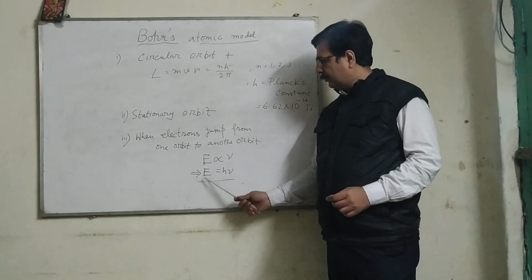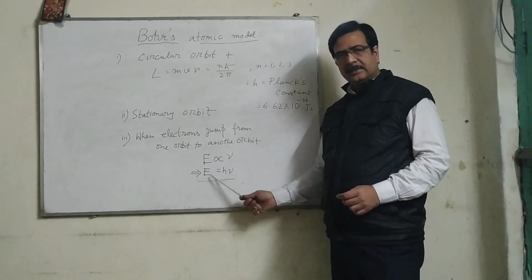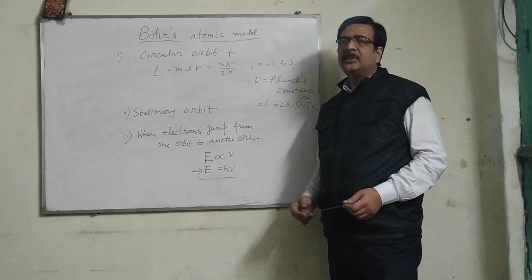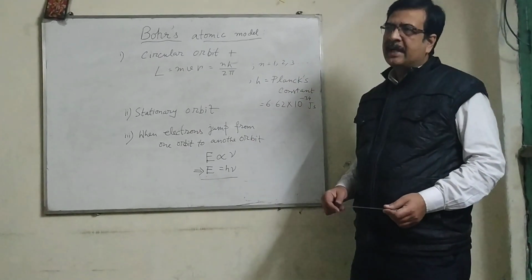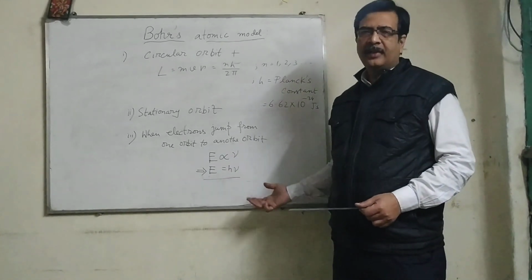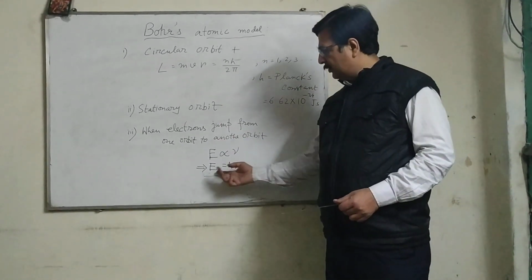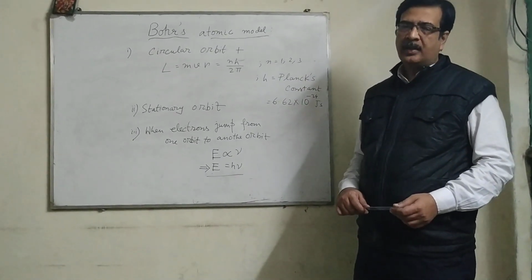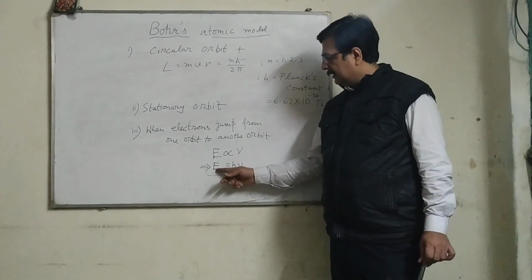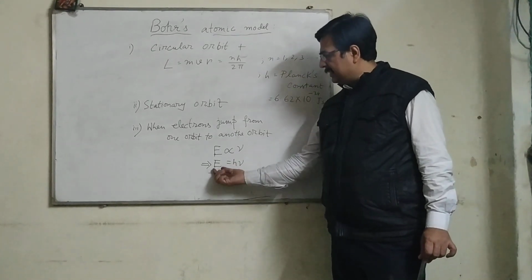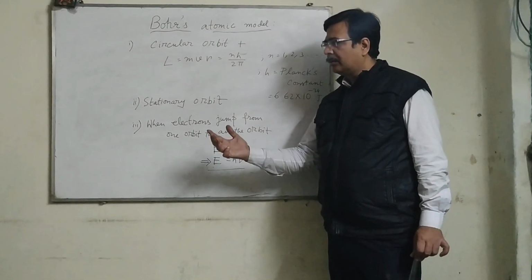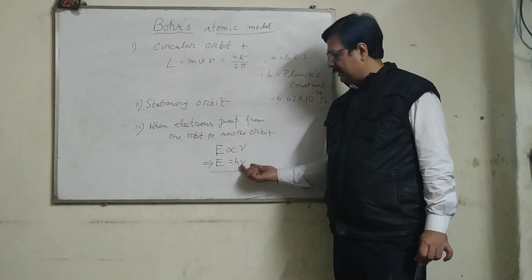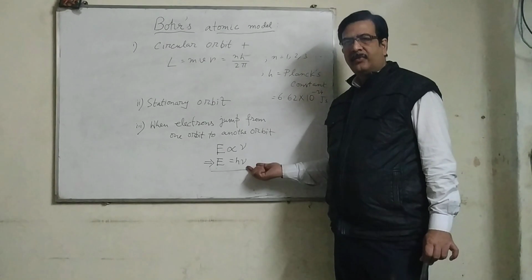Therefore we can use the theory of Max Planck, later modified by Einstein. That theory, E = h nu, we can apply here also. E = h nu is the emitted or absorbed energy, h is Planck's constant, and nu is the frequency of radiation.